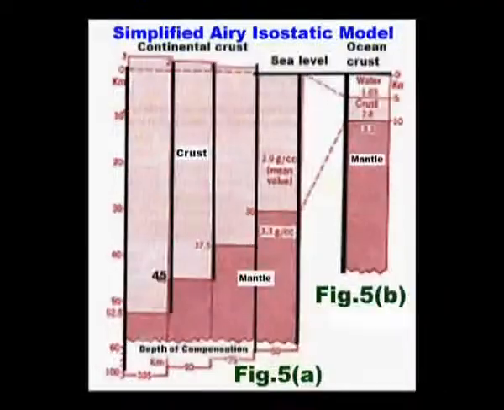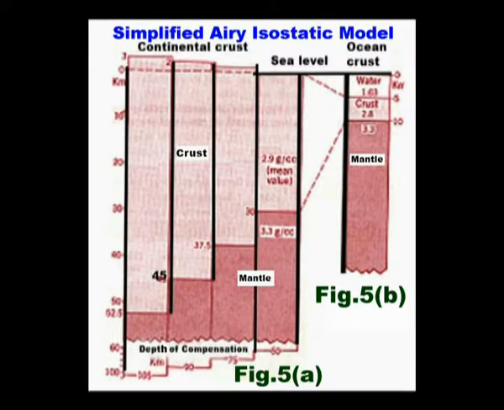See once again figures number 5a and 5b, and you will clearly understand the process, how it happens under the asthenosphere. This figure clearly illustrates the depth of level of compensation below land masses and ocean basins.